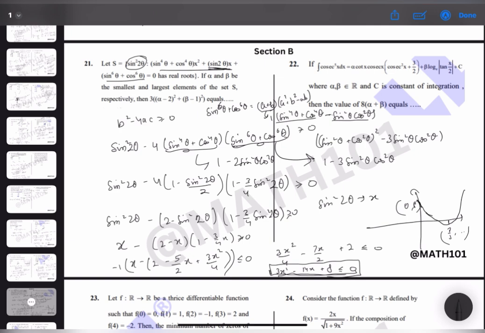So obviously at x equals to 1, this is true, and maximum of sin square 2 theta can be 1. So beta is equals to 1. The smallest value at which this is true is the root of this equation. So let's find it. Minus b plus minus under root of b square, which is 196 minus 12 into 8 is 96, upon 6.